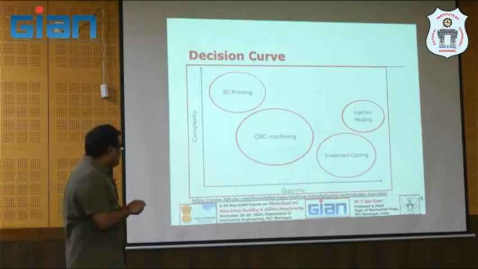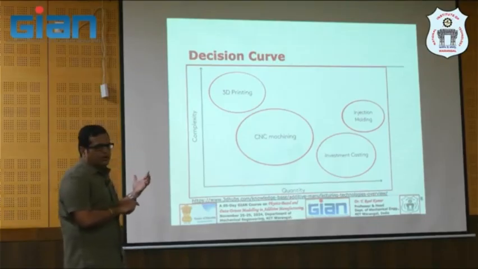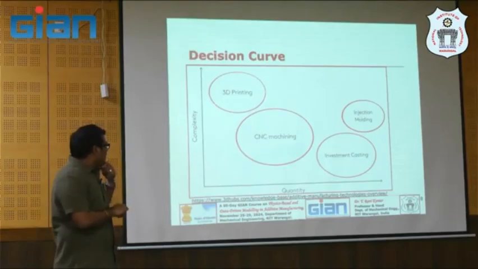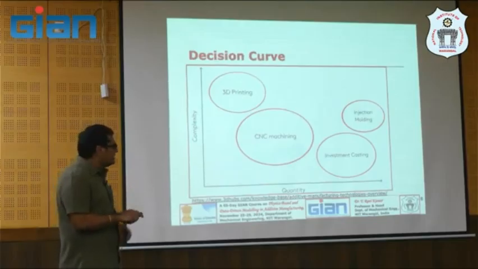And if you have medium complexity and medium quantity, of course CNC is the right choice. And if you have lower complexity at a higher quantity, or medium complexity and higher quantity, then you can go with injection molding, right?